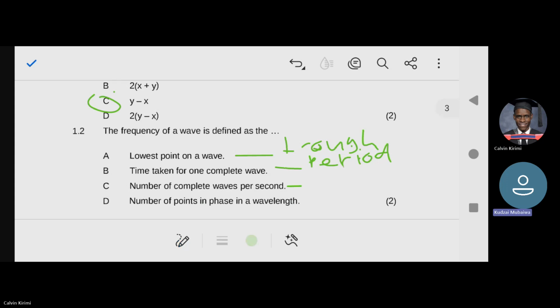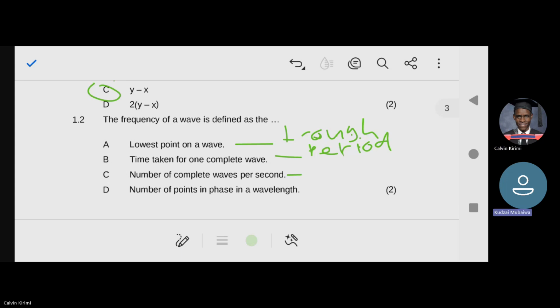It's the wavelength. So our answer is C, it is frequency. The number of complete waves per second.